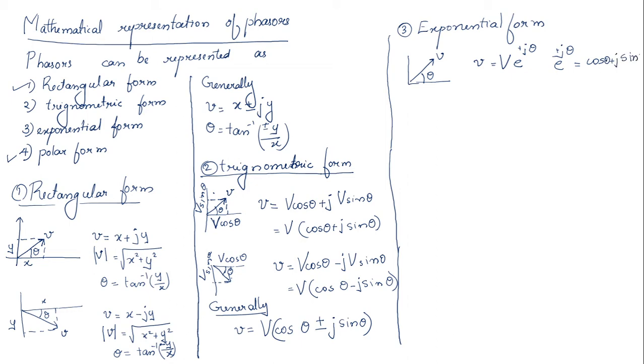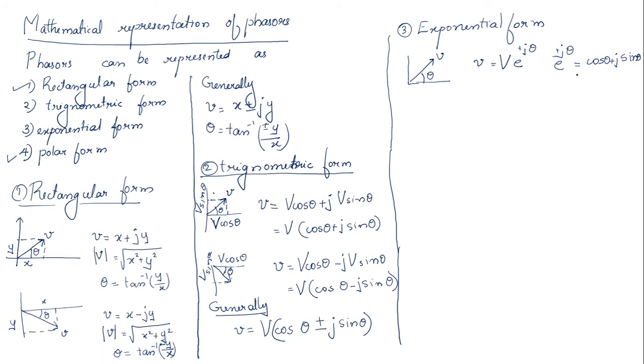So you can see that this exponential form is derived from the previous form. Instead of cos theta plus j sin theta, we have just represented it using e raised to plus j theta. Now you can imagine what e raised to minus j theta will be. Yeah, that will be equal to cos theta minus j sin theta.